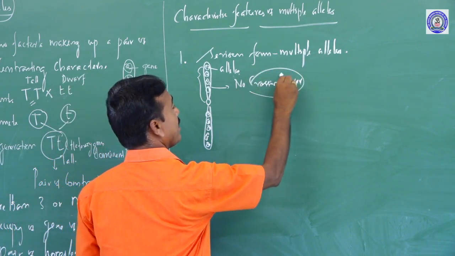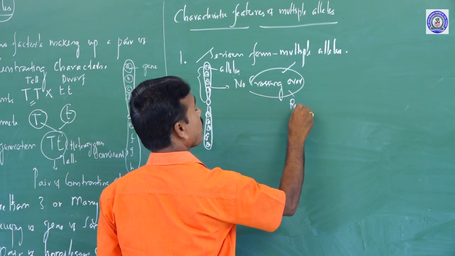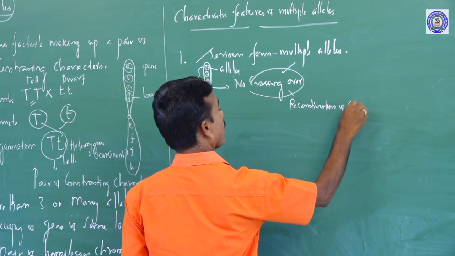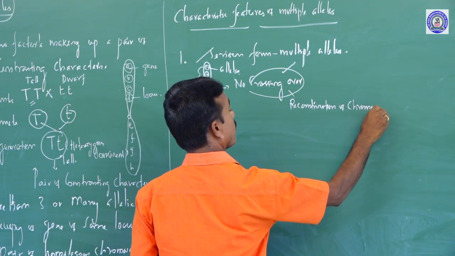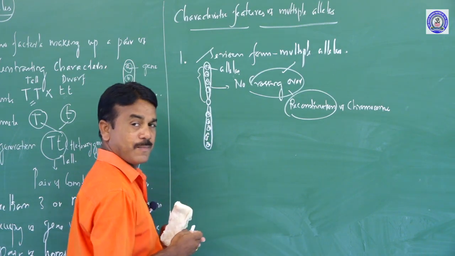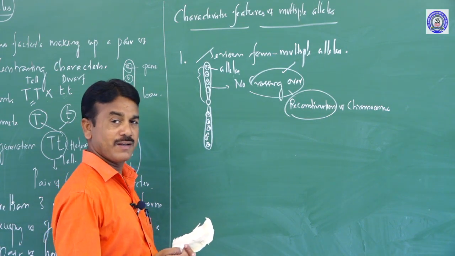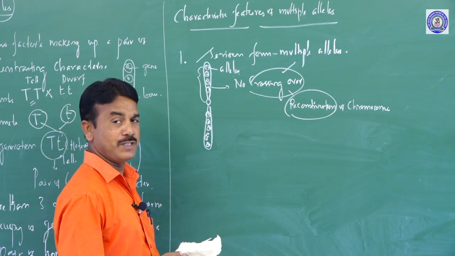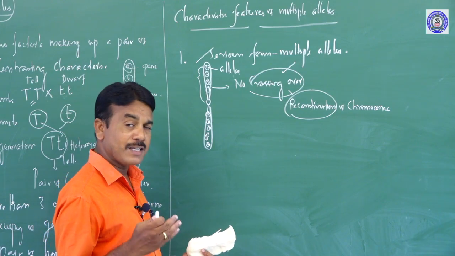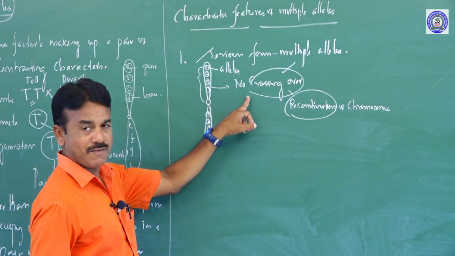Crossing over is a process which produces recombination of chromosomes. What is recombination? Combination between two things. Recombination is one of the important raw materials for evolution. What is evolution? Origin of new species. If new species are to arise, recombination must happen, and recombination happens through crossing over.